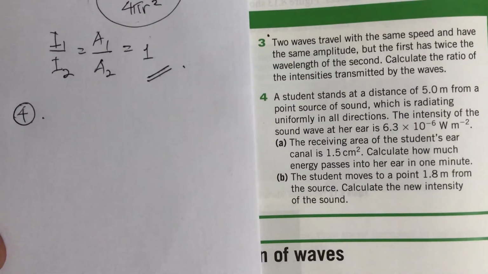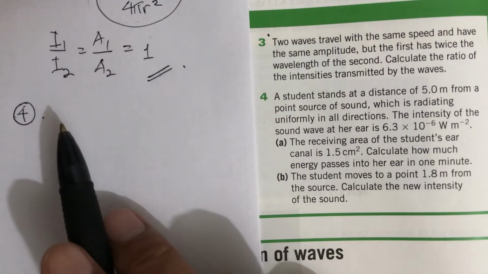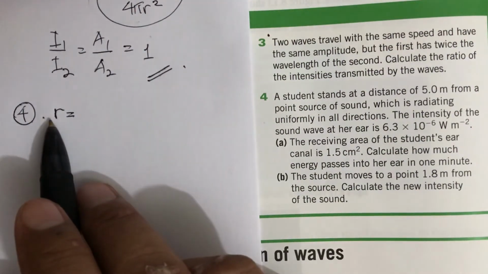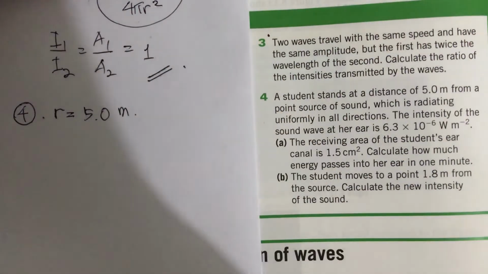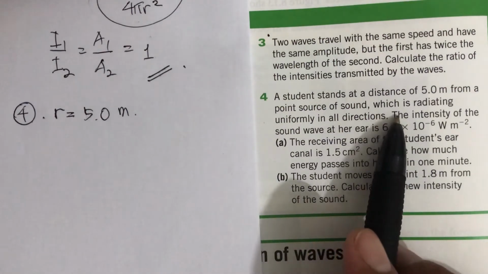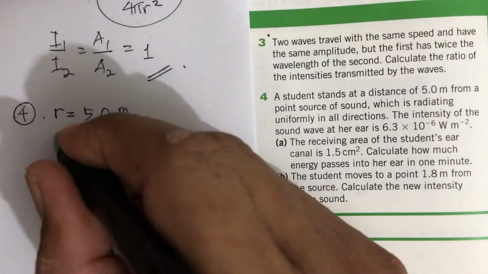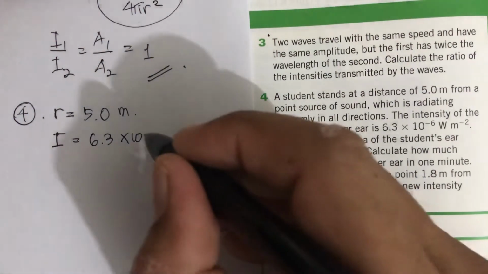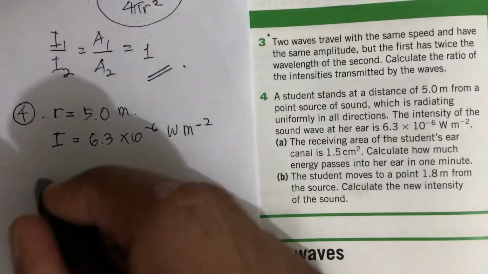We have two questions, question A and question B. First is the distance r, 5.0 meter, from the point source. The intensity I is 6.3 times 10 to the power minus 6 watt per meter squared.